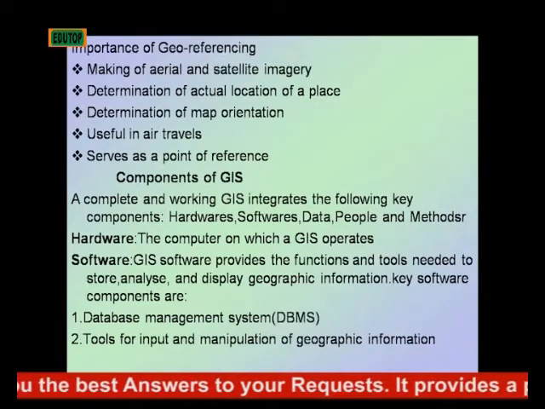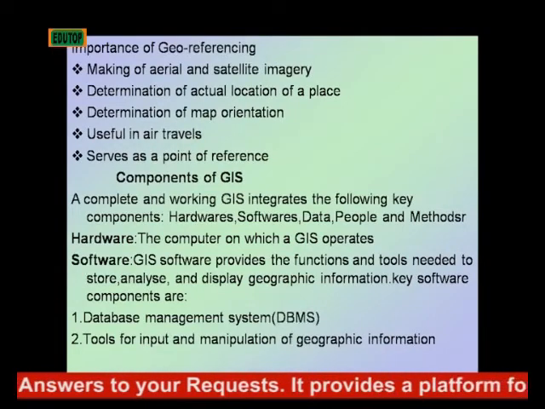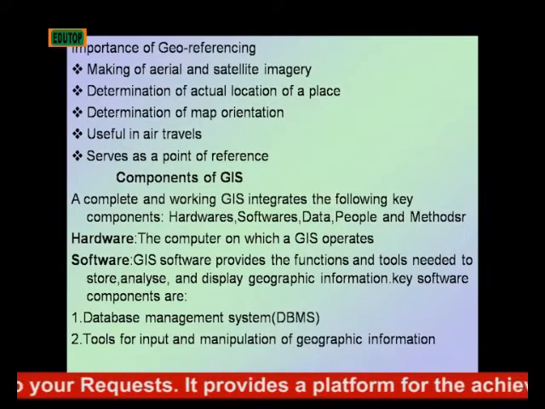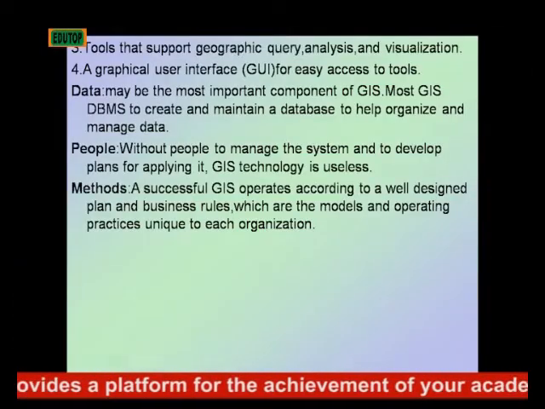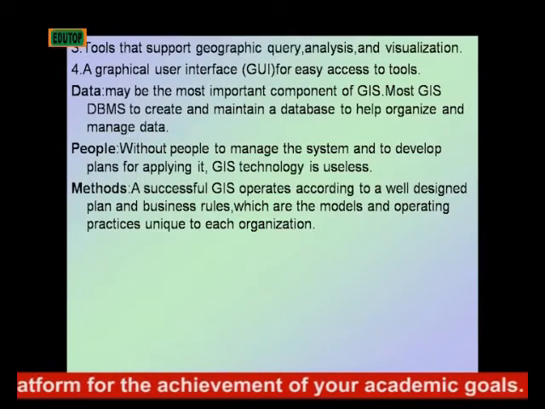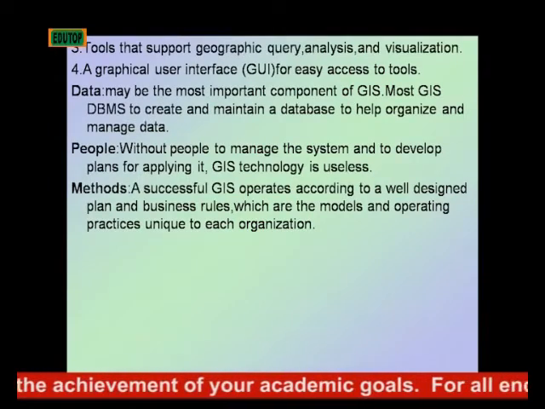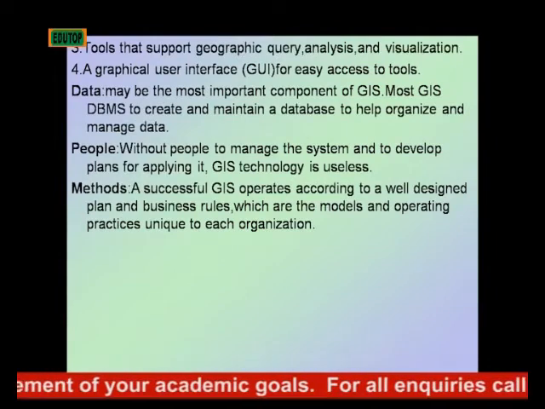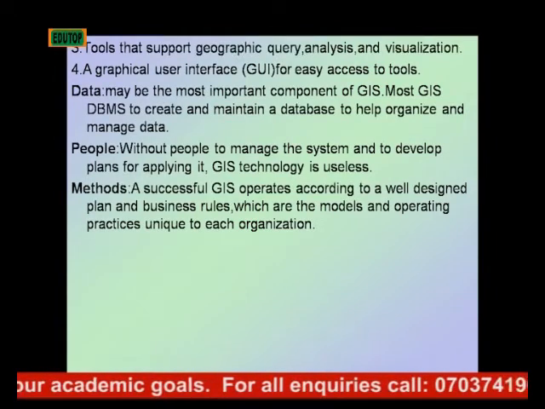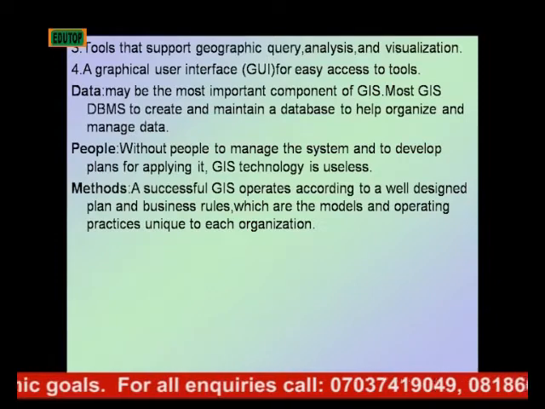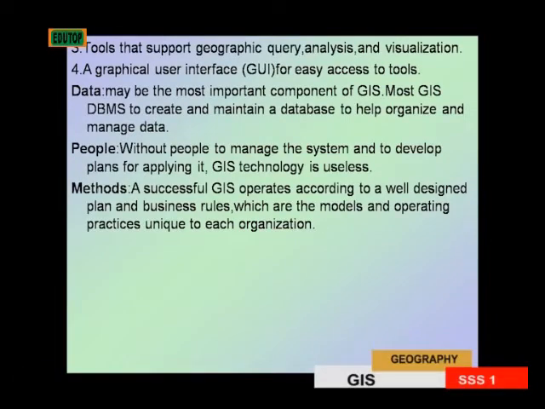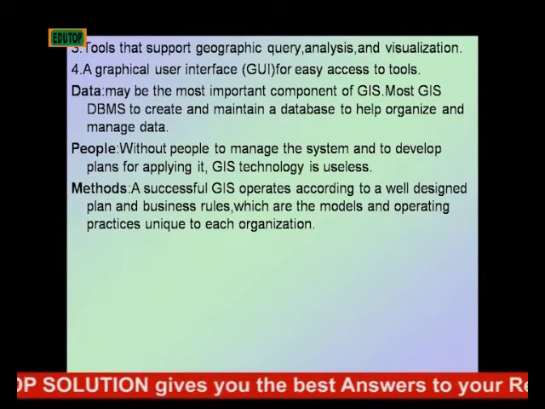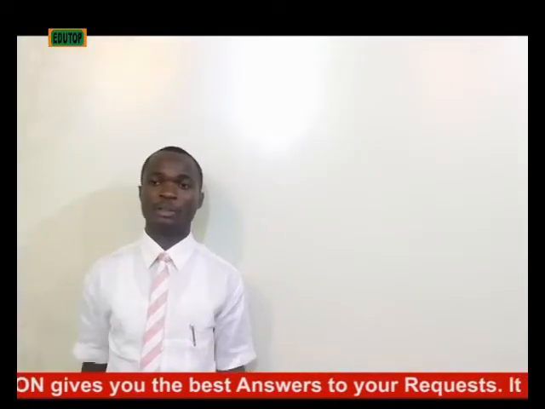The tools for input and manipulation of geographic information. 3. Tools that support geographic query, analysis, and visualization. And finally, the fourth one is a graphic user interface, that's what we call the GUI. This helps for easy access to the available tools.